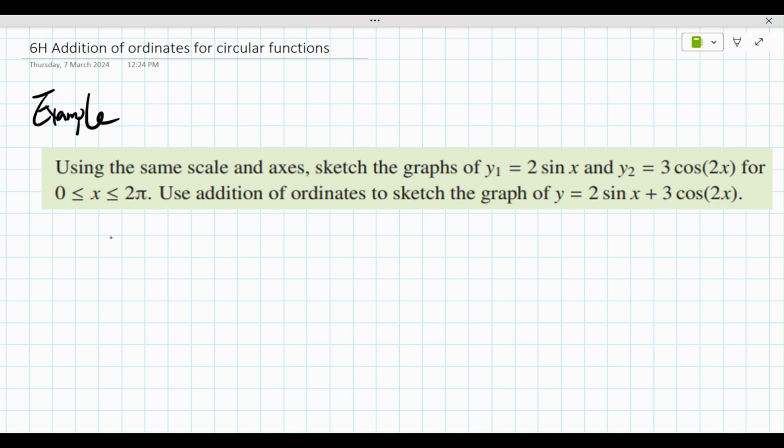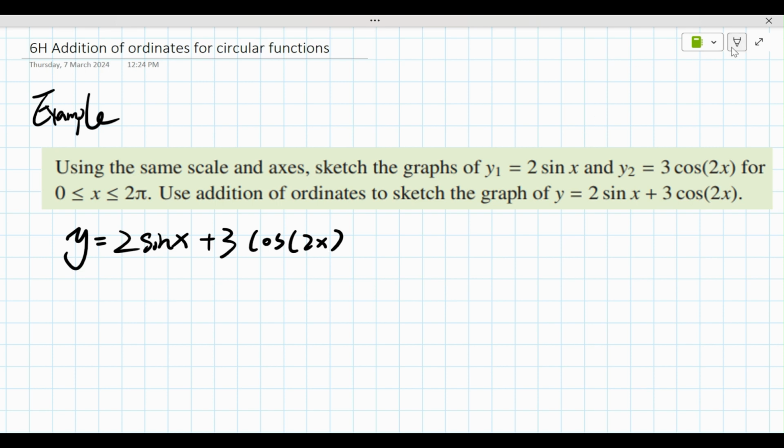So let's get started. We're going to sketch the graphs y1 equals 2 sine x and y2 equals 3 cosine 2x, for x from 0 to 2 pi. So we're going to sketch the graph y equals 2 sine x plus 3 cosine 2x.